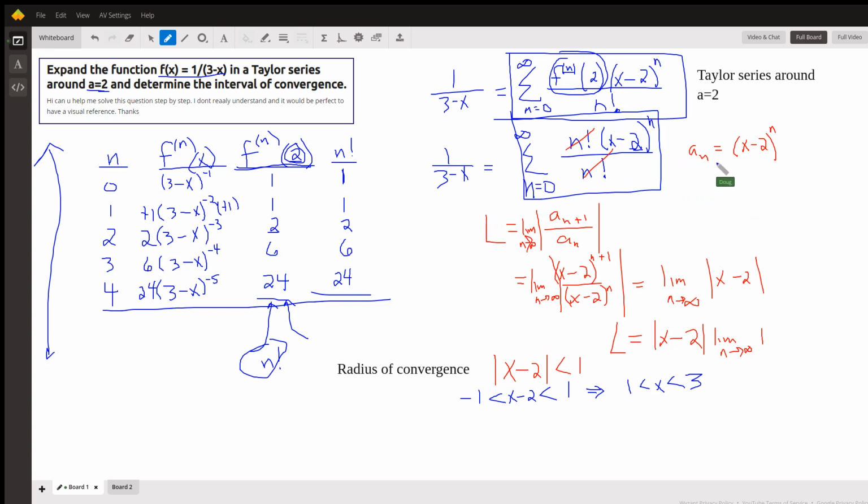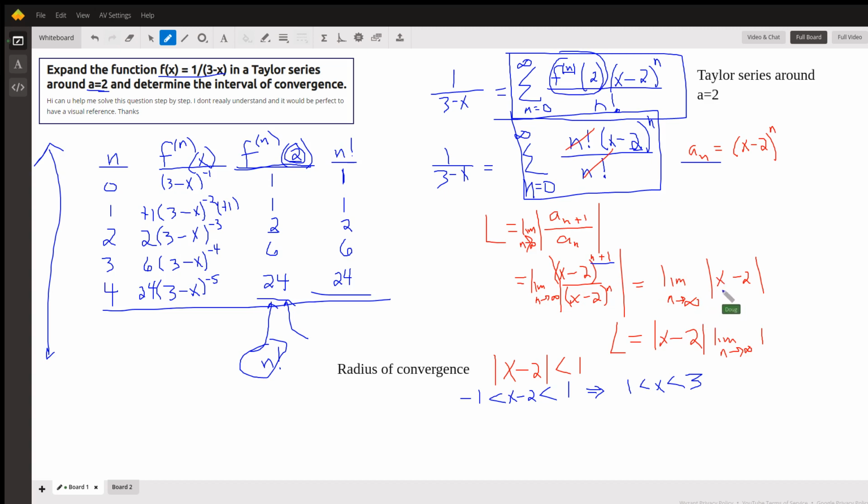So here's a formula for the nth term, x minus 2 to the nth. The ratio test says that L equals the limit as n approaches infinity of a sub n plus 1 over a sub n. So a sub n plus 1 is x minus 2 to the n plus 1 over a sub n, and that reduces.